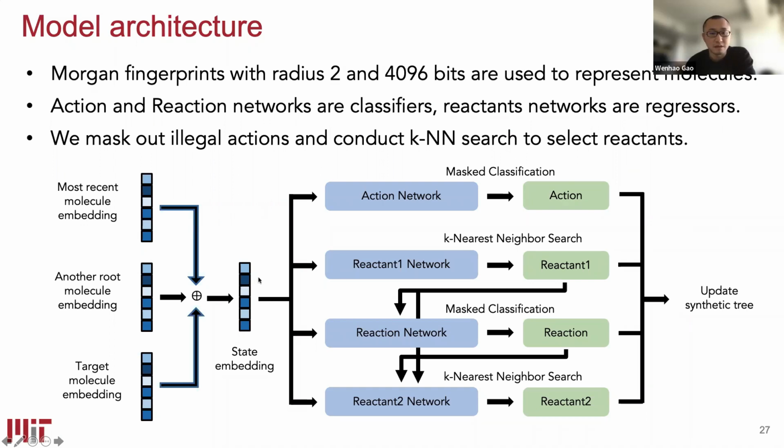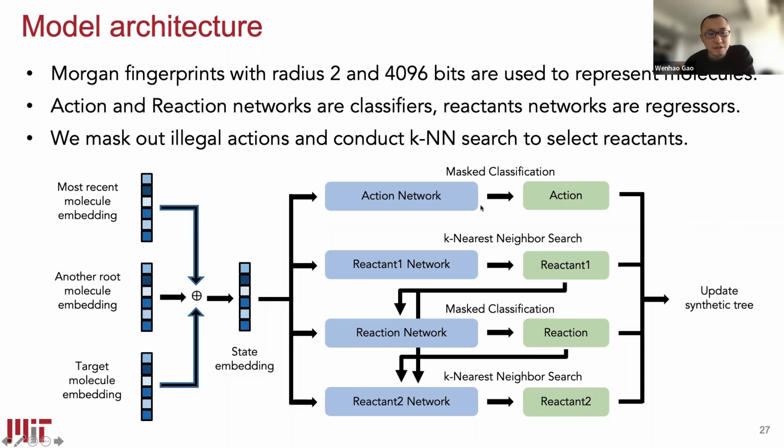In each action step, we need to sample 4 components: action type, first reactant, reaction template, and the second reactant if the reaction is a bimolecular one. We trained 4 separate networks to predict the 4 components, and all of them take the state as the input, and some of them take the previous output as the input as well.